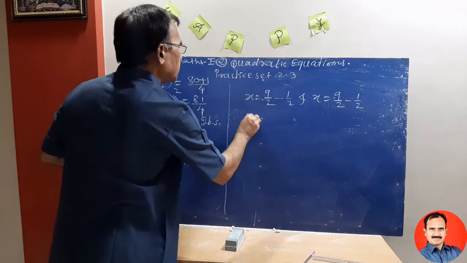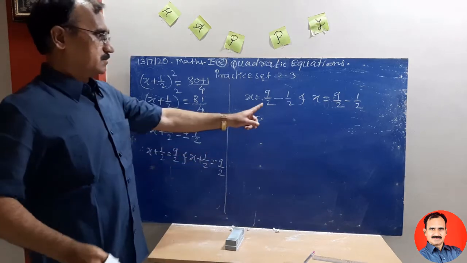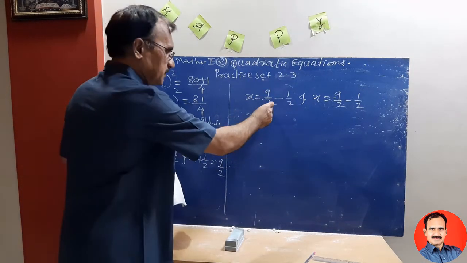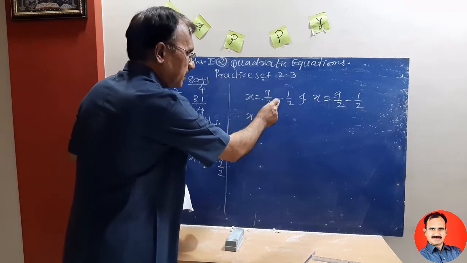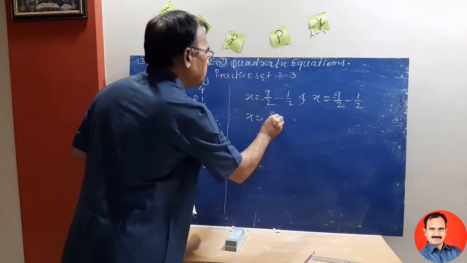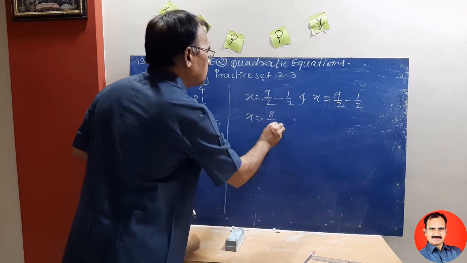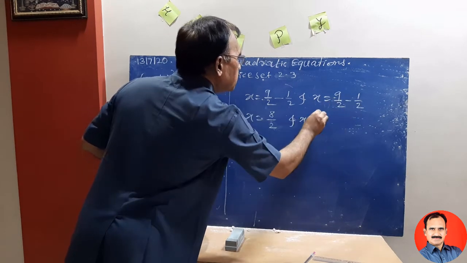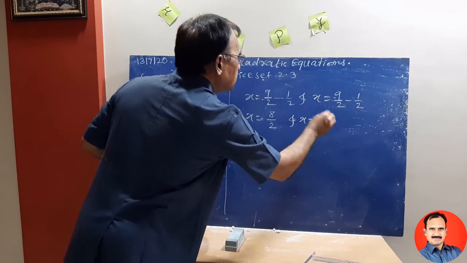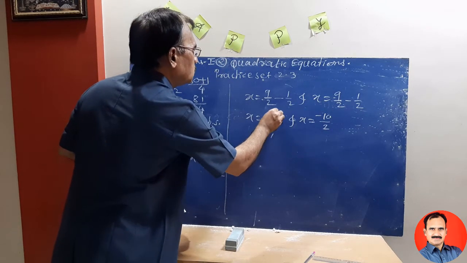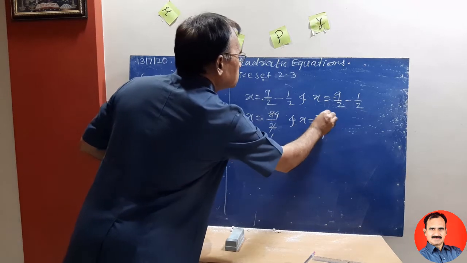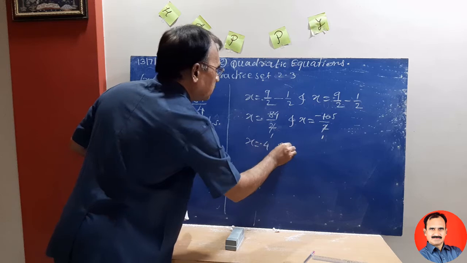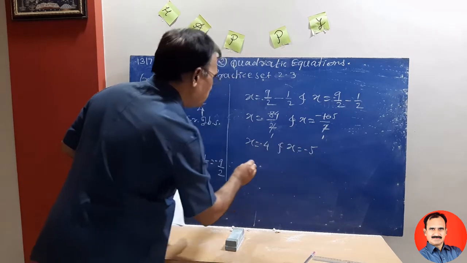Denominators are same, very easy. 9 minus 1 is 8 upon 2, and x is equal to minus 9 minus 1 is minus 10 upon 2. 2 fours are 8, 2 fives are 10, so x is equal to 4 and x is equal to minus 5.